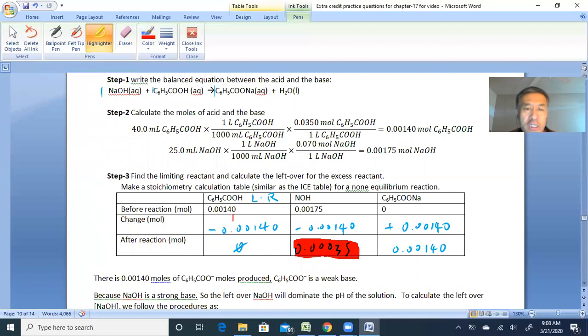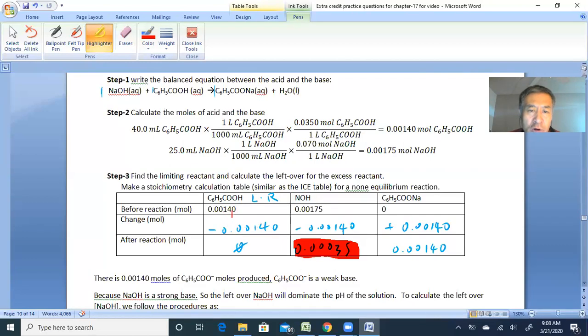So before the reaction, we have this many moles of the acid, this many moles of the base, and 0 moles of the conjugate base. Then we have the change. We find our limiting reactant because we have a 1-to-1 ratio between the two reactants. The reactant with fewer moles is the limiting reactant. The change will be the initial amount of the limiting reactant.